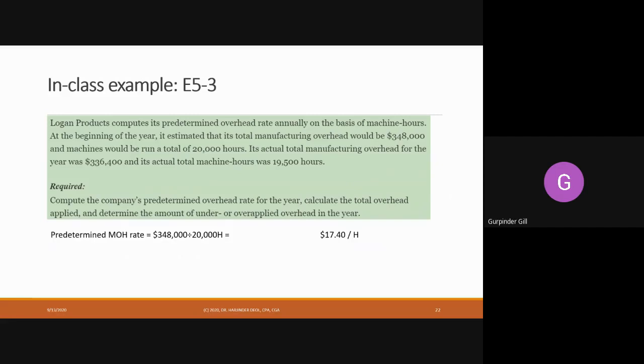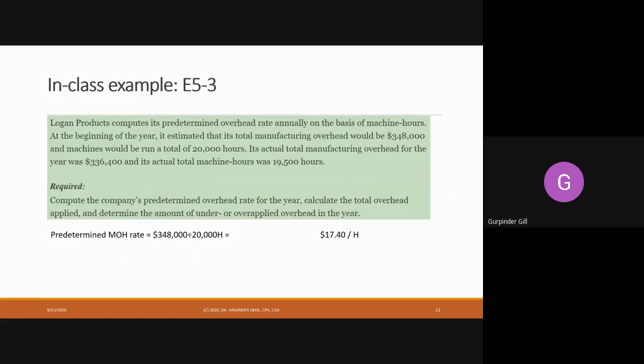In order to determine our predetermined overhead rate, this company is estimating their total manufacturing overhead at the beginning of the year to be $348,000. Their allocation basis is machine hours, and in this year, the company is estimating that they would run for 20,000 machine hours.